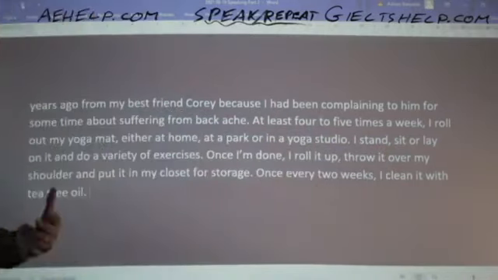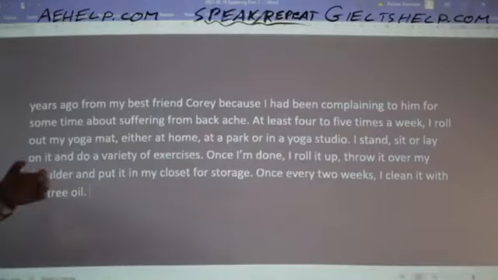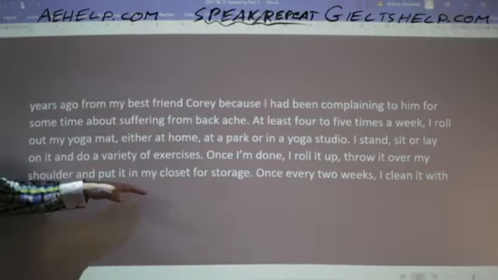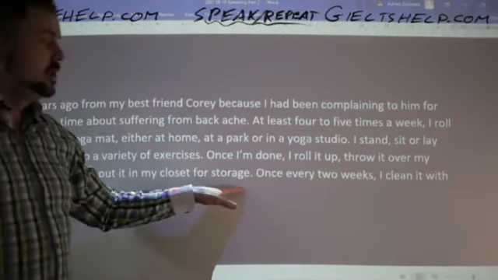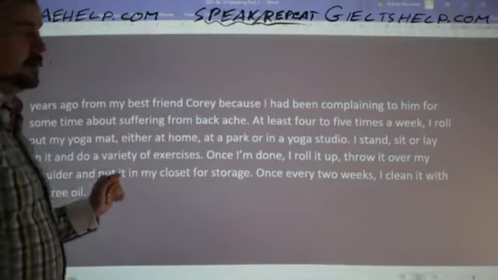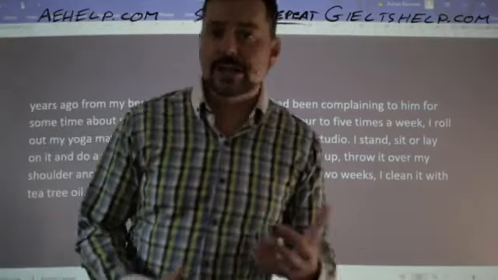I haven't actually talked about what I really use it for yet. Once I'm done, I roll it up, throw it over my shoulder, and put it in my closet for storage. Once every 2 weeks, I clean it with tea tree oil. Okay? All right.